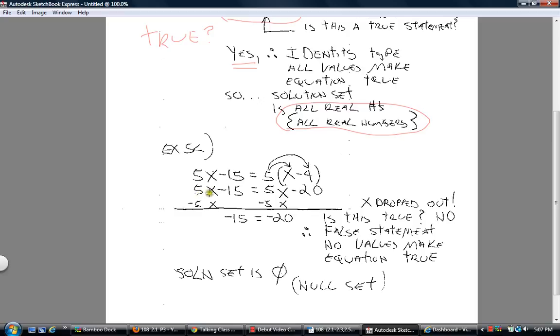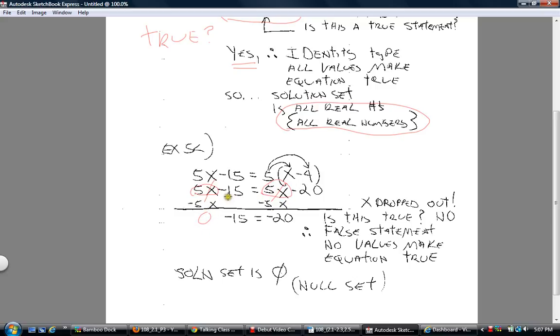Now, I'm going to minus 5x on both sides. A shortcut that you can maybe start to see, and make sure you use this carefully, is when you see the exact same term on both sides of the equation, a positive 5x and a positive 5x, in effect you can cross them out because they're going to cancel out, because you're going to minus 5x on both sides and you're going to get a 0 and a 0.